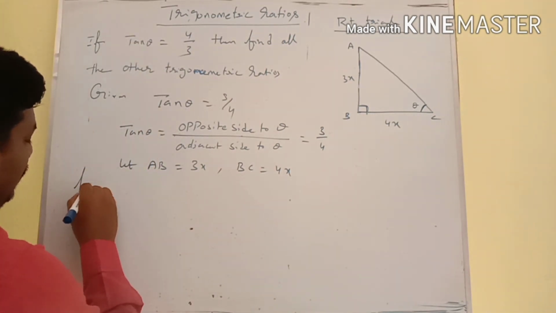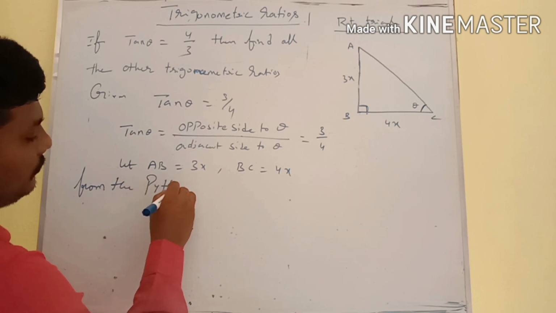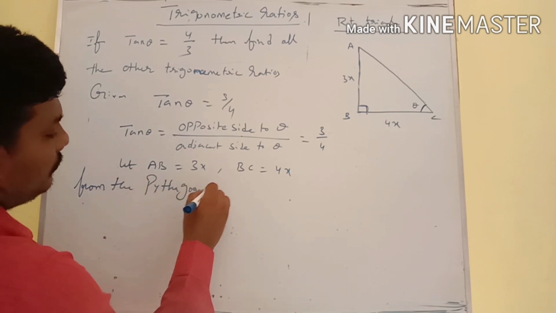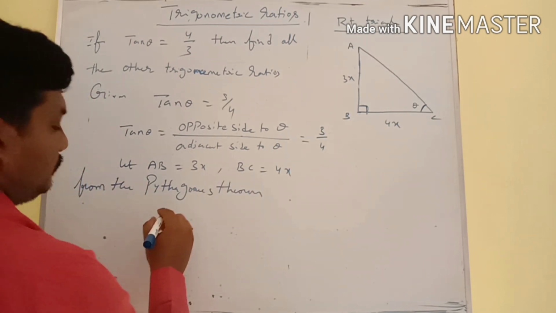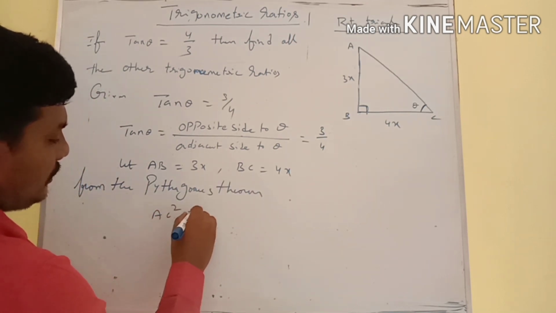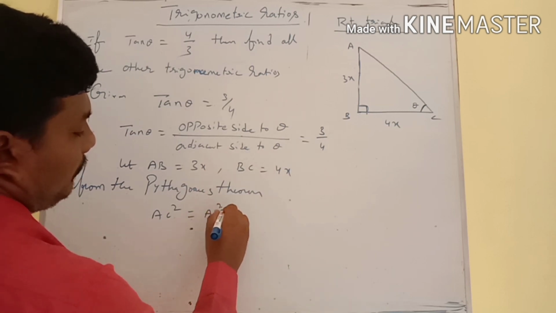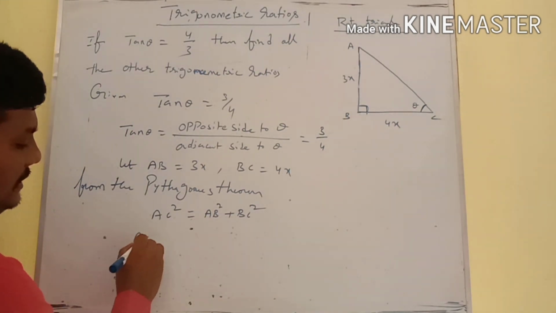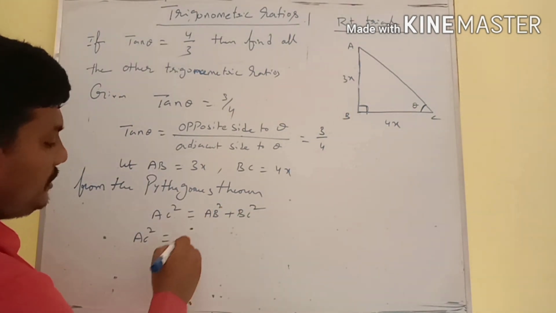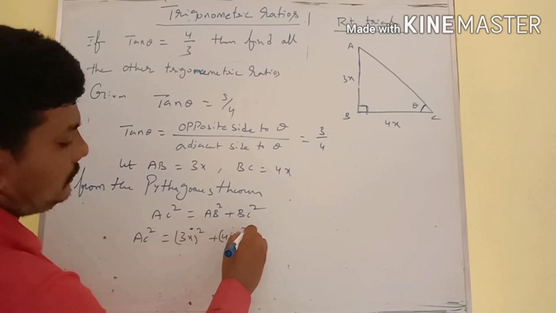We can find AC by the Pythagoras theorem. Hypotenuse square is equal to side square plus side square, that is opposite square plus adjacent side square. So AC square is equal to AB square, that is 3x whole square, plus 4x whole square.